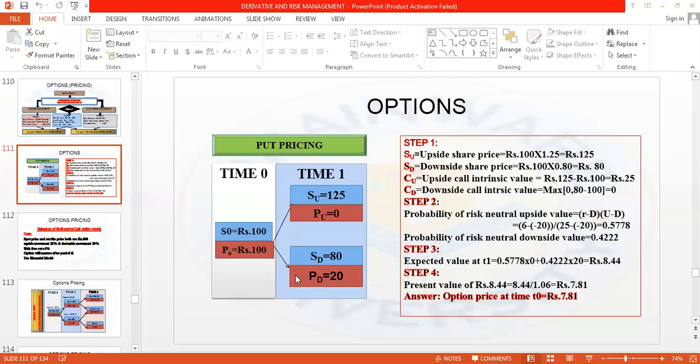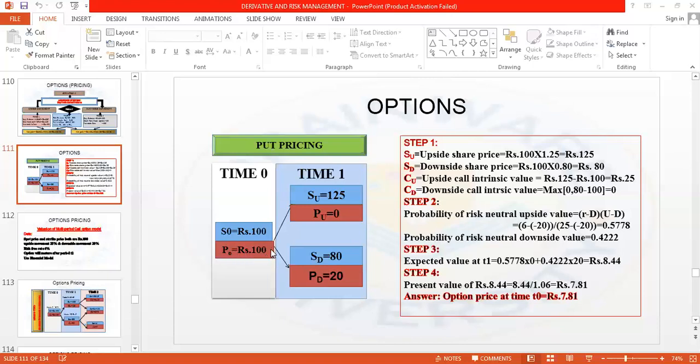So now let us see what has happened when there is a downside movement. Due to downside movement, at this moment, the share is available at rupees 80. So from spot market, we can buy the share at rupees 80. So if I exercise my right, then I will buy the share at rupees 80 and I will sell the share in the option market at rupees 100.